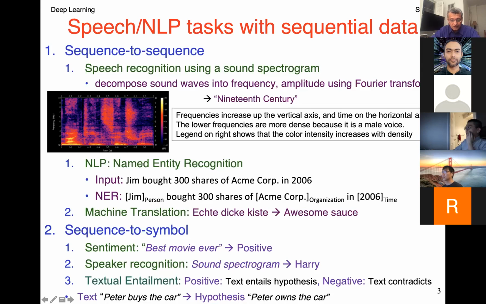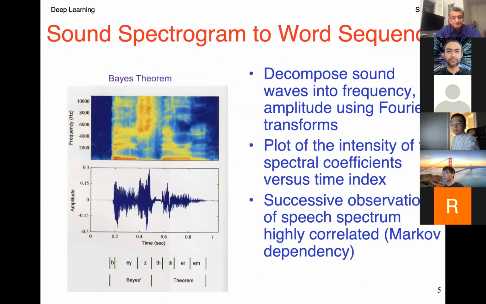If the text that you have entails the hypothesis, then we say it's positive, otherwise negative. So in a sense, the relationship between a couple of sentences is a textual entailment with yes or no, a positive or negative type of thing. Anyway, these are all examples of sequential data to be processed, and deep learning is now being very widely used for these types of tasks.